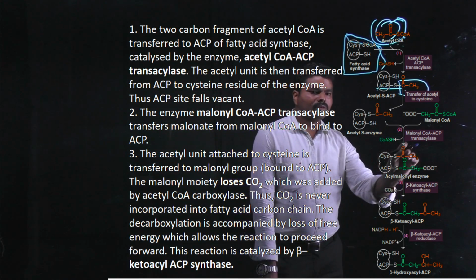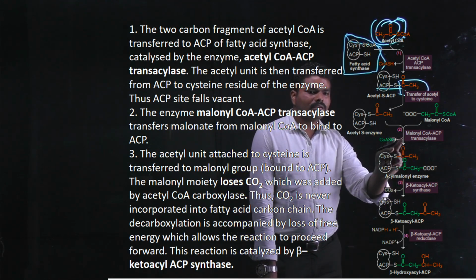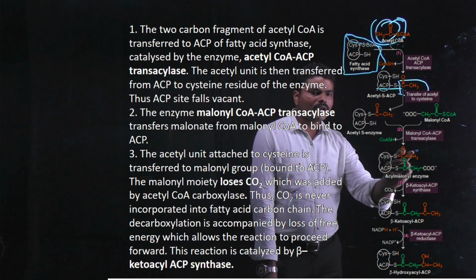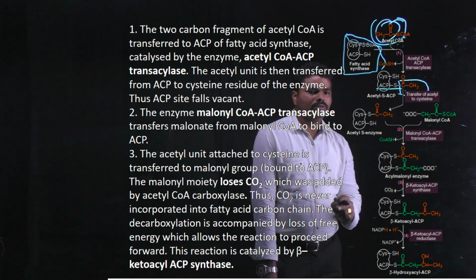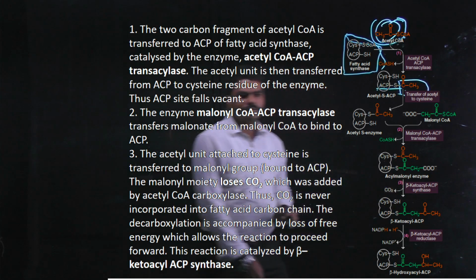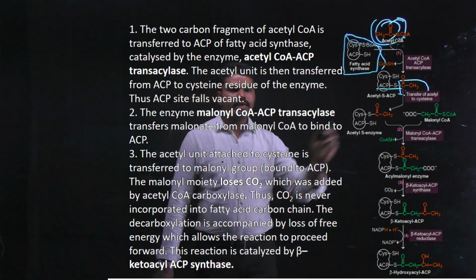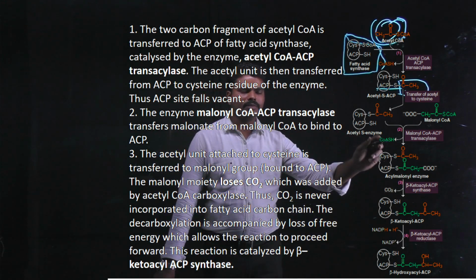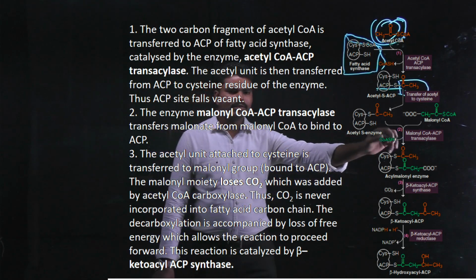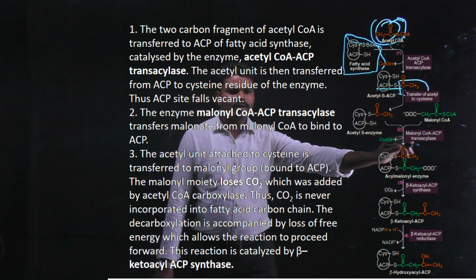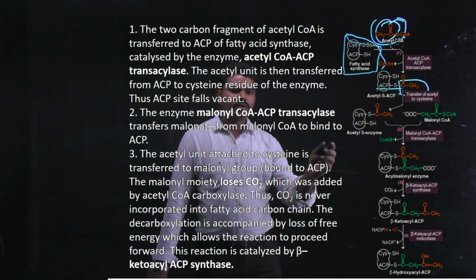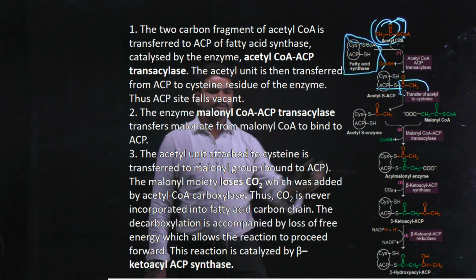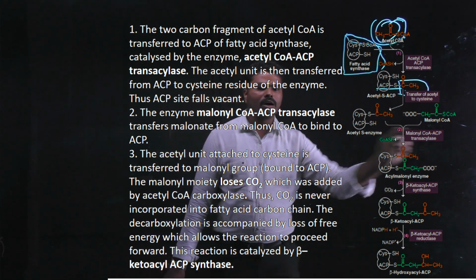Two carbon fragments were transferred from ACP to the cysteine residue, and again these two carbon fragments are attached to the malonyl group which is bound to the ACP site. During that process there is a loss of carbon dioxide. The COO minus is removed in the form of carbon dioxide.